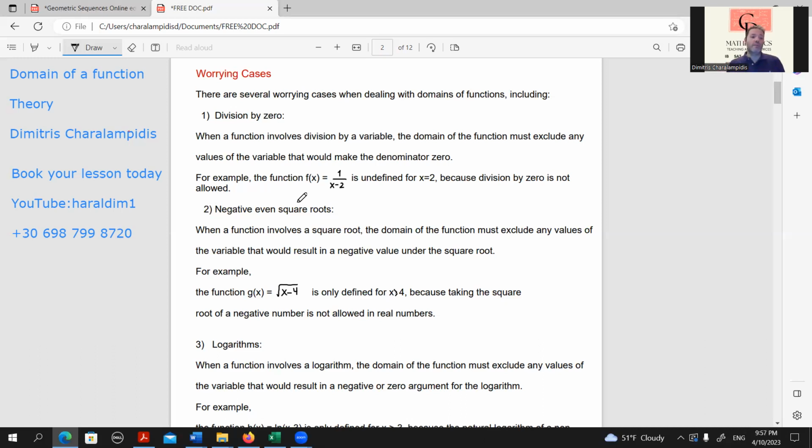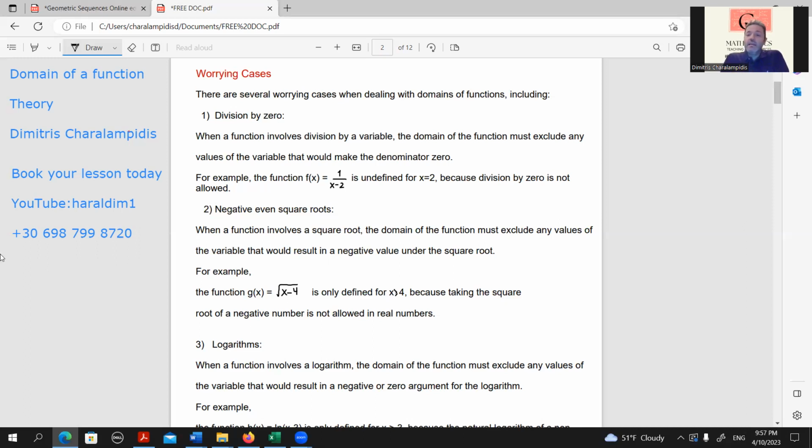For example, the function g of x equals the square root of x minus 4 is only defined for values of x bigger than or equal to 4, because taking the square root of a negative number is not allowed as long as we speak about real numbers.